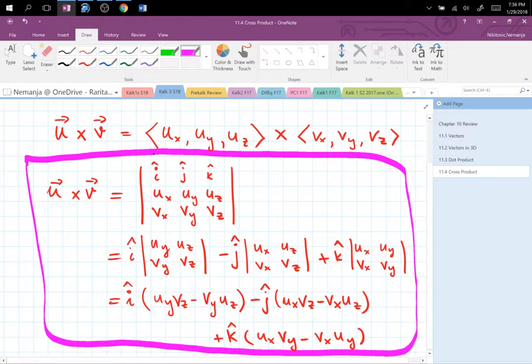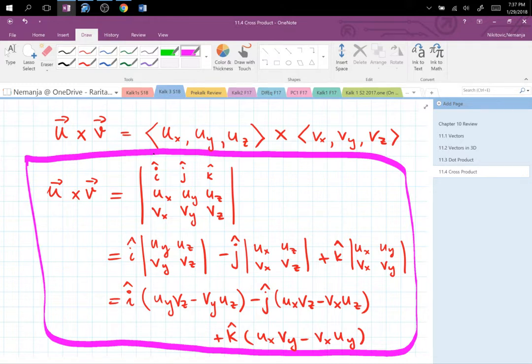That's the best answer I can provide with the whole section ahead of us. The signs will alternate. You have i, negative j, positive k, and you will have the three 2x2 matrices. You're killing the row and column as you go from one vector to another.